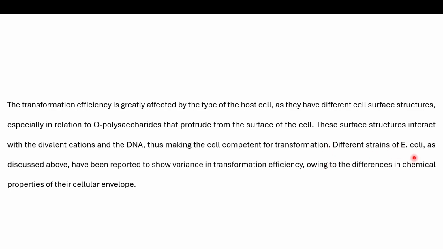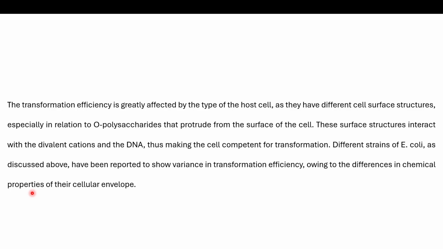Now different strains of this bacteria, E. coli, have been reported to show variance in transformation efficiency, owing to the different chemical properties on its cellular envelope. So the cell surface composition can affect the transformation efficiency. How efficiently can it really take up the DNA?